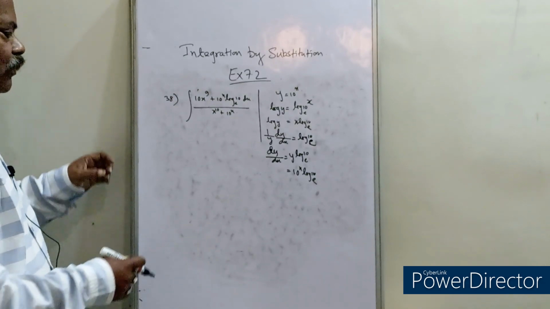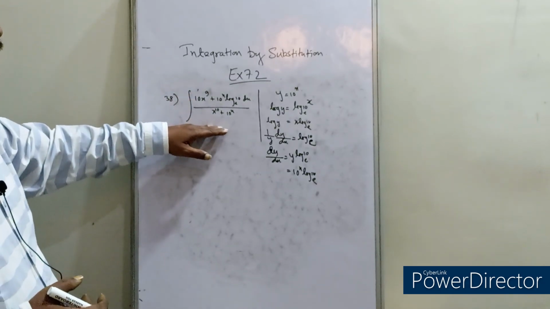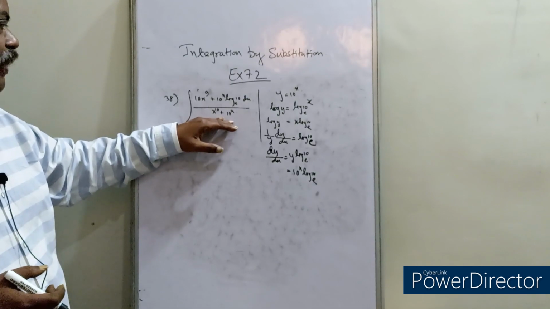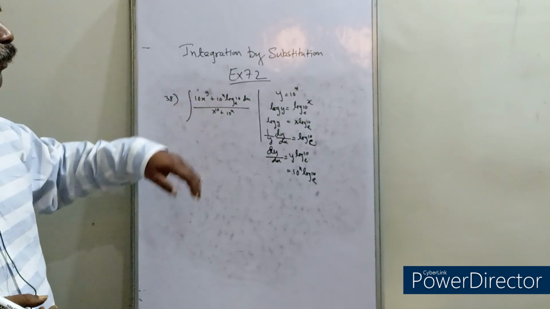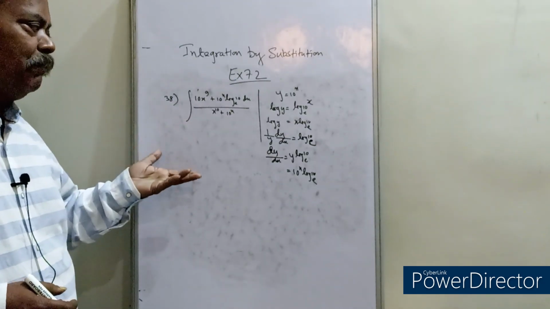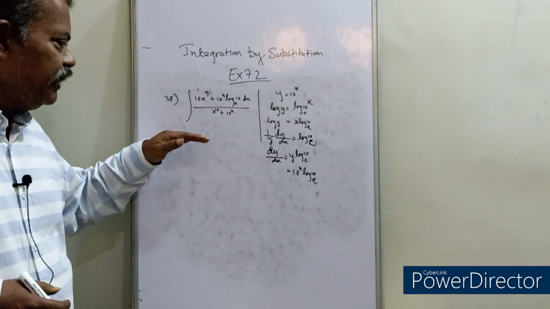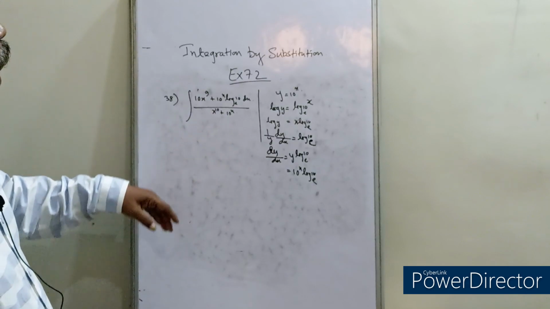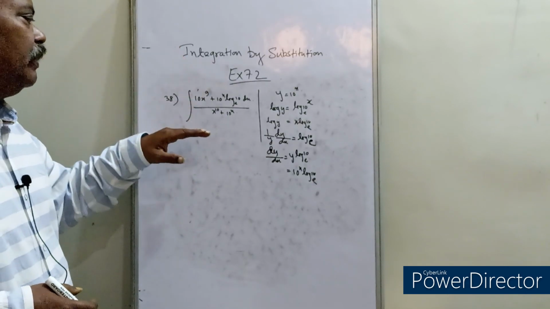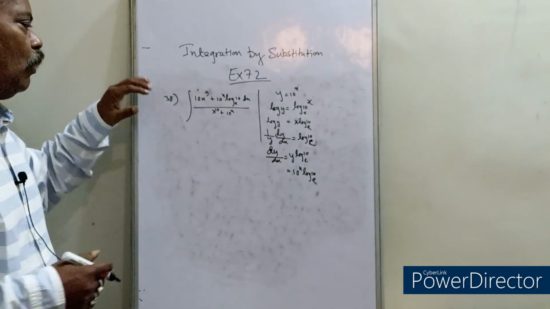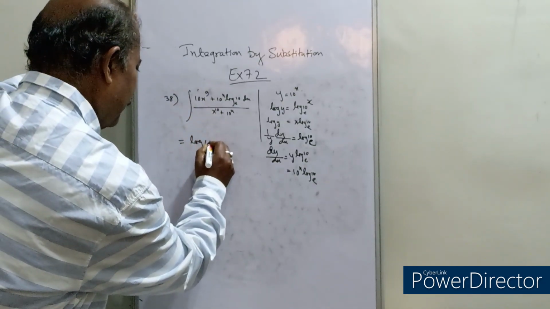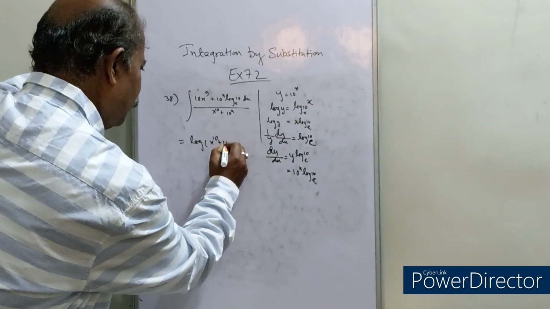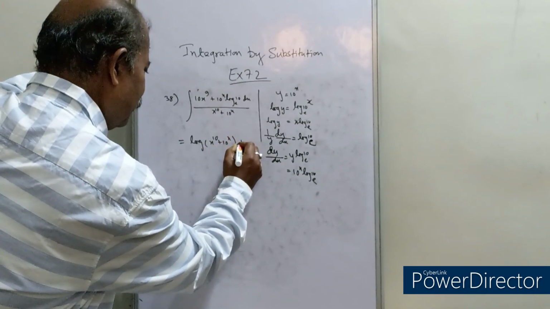So it is clear now. If you suppose x^10 + 10^x is t, you get the numerator. And you know that if the differentiation of the denominator is present in the numerator, then the answer is the log of the denominator. So this becomes log|x^10 + 10^x| + c.